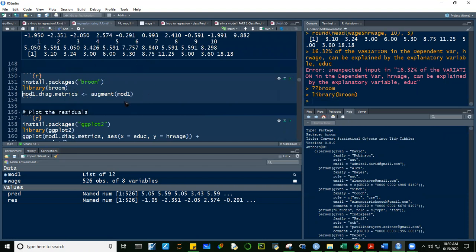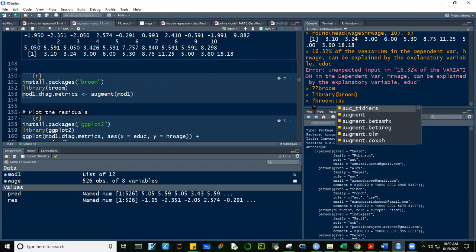And then, okay, take a look at this. I'm going to create this object, mod1.diag.metrics, and then I'm going to use the augment function. Ano ba yung ginagawa ng augment function yan? Broom. Augment. No?